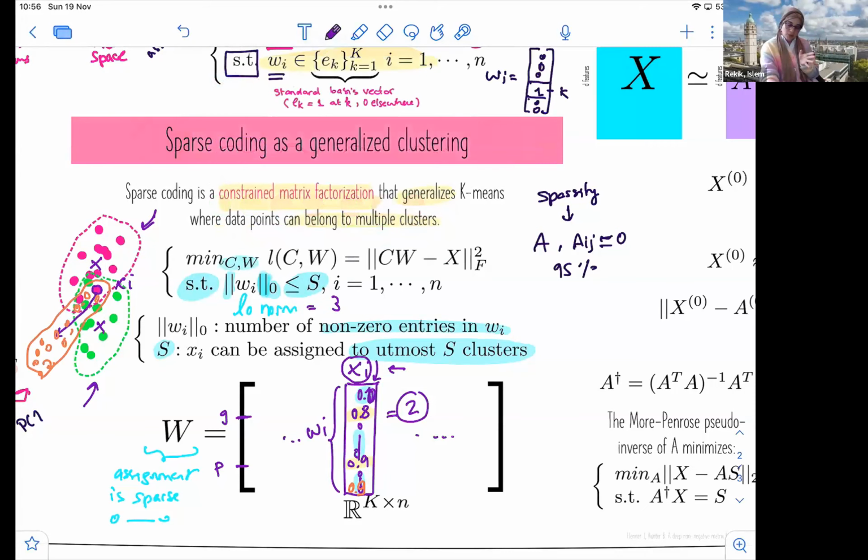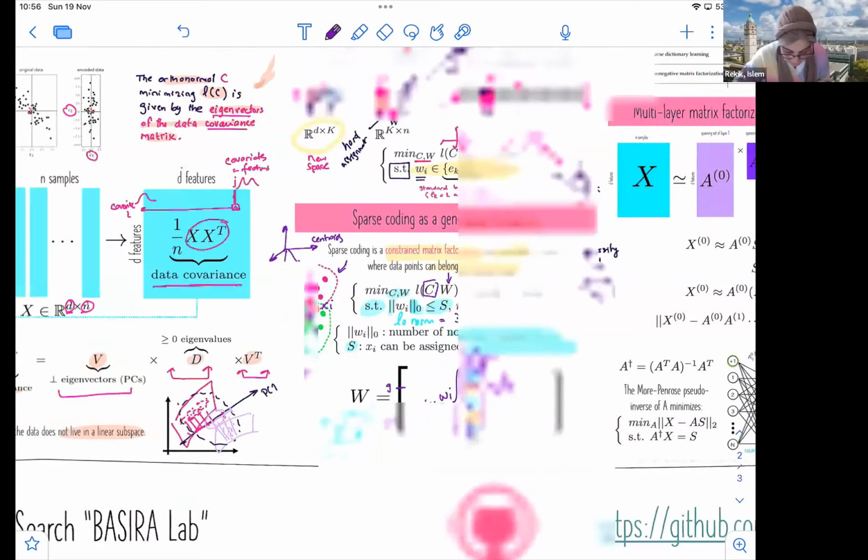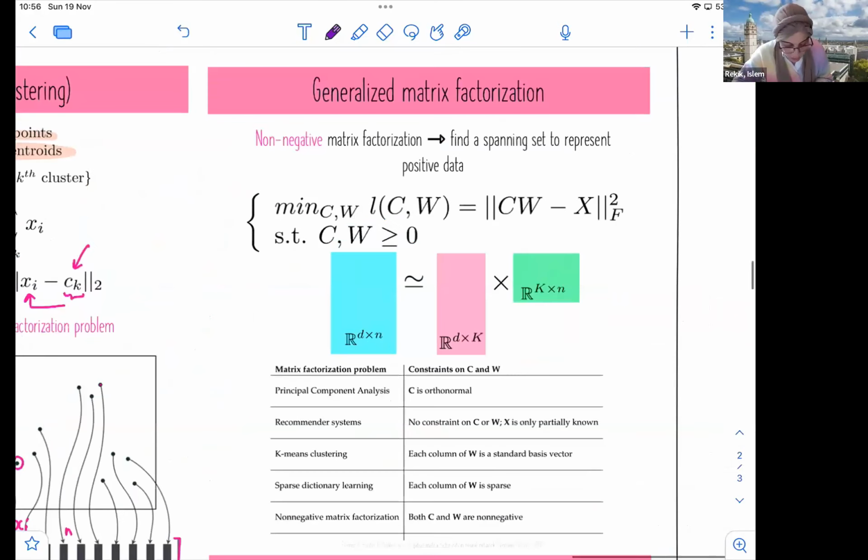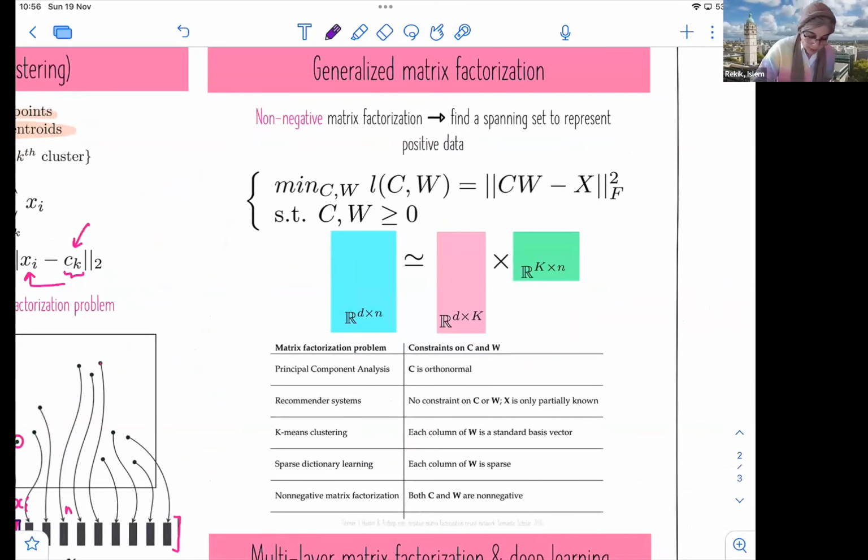Learning a new representation space C, where when I represent my samples, I can discover their weights with respect to centroids, or the clusters that I have. So it's also about learning a subspace or a new spanning set. Now, just to summarize, all of these could be generalized matrix factorization.